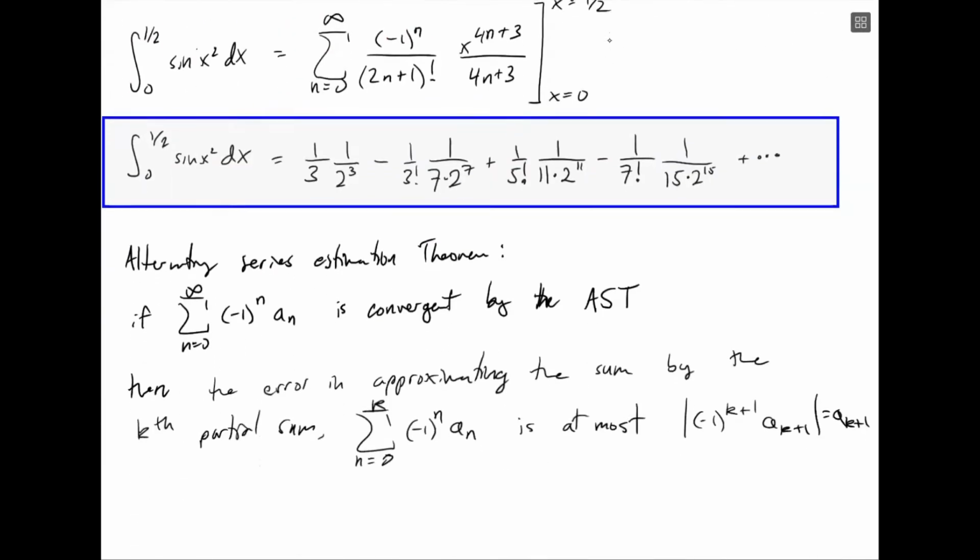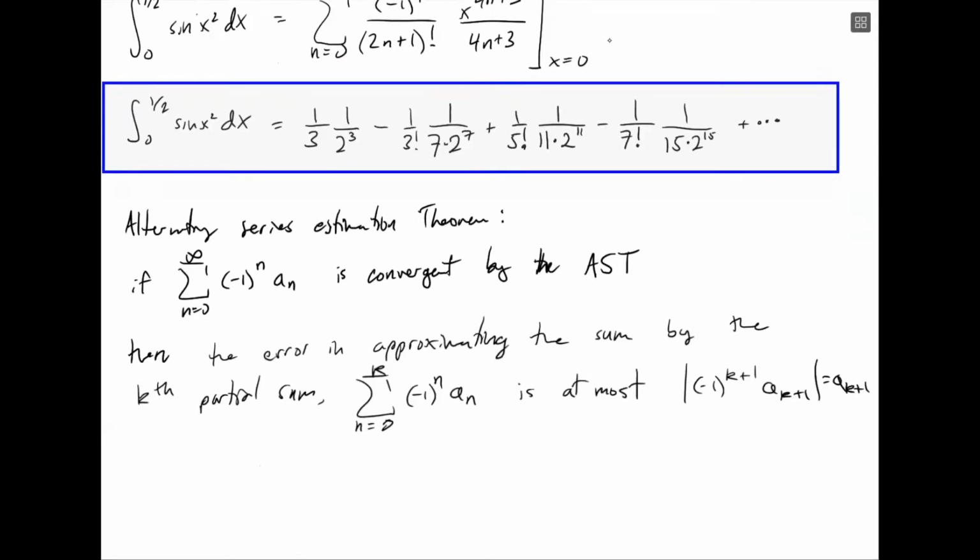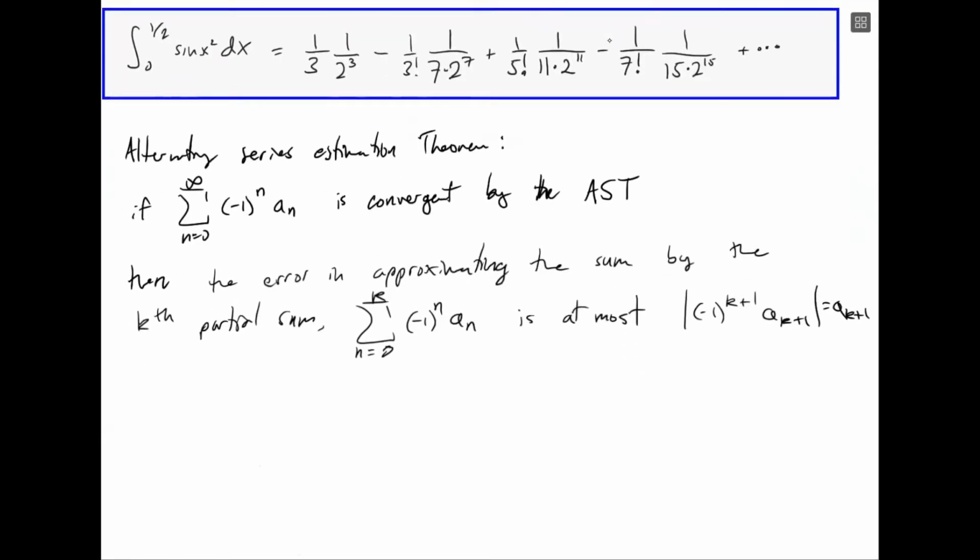So let's figure out what our first few terms are. The series from above has the first few terms like this guy right here. That would be our A0, which is equal to 1/3 over 2 to the 3rd power, or in other words, 1/24. And if I were to write that out in decimal, then it looks like this.